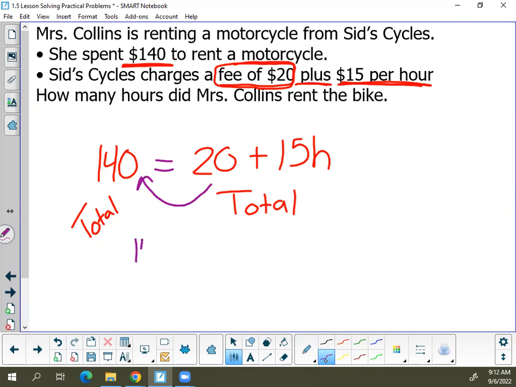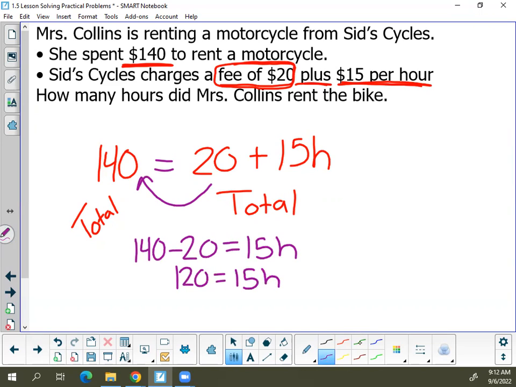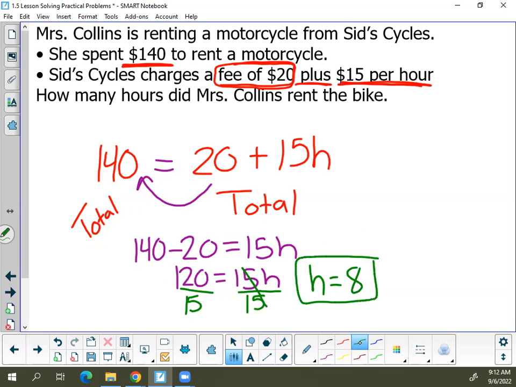And when I switch sides, I switch signs. And I get 120. And then to get rid of the 15, I'm going to divide both sides by 15. And I'm going to get that Miss Collins rented that for 8 hours.